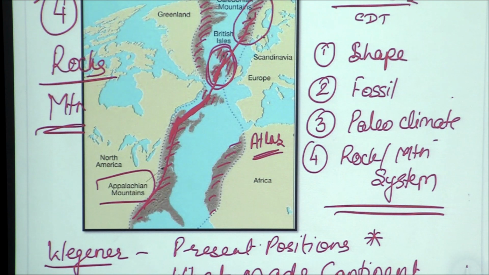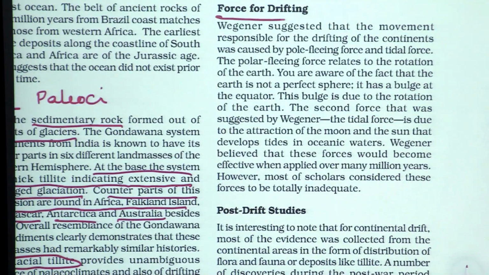So in the absence of a clear mechanism, we have a changeover mentioned in our NCERT, which talks about post-drift studies and how the forces of driving can be taken. So I take this statement of mine, what makes continents drift? I take you to NCERT again. The forces for drifting.